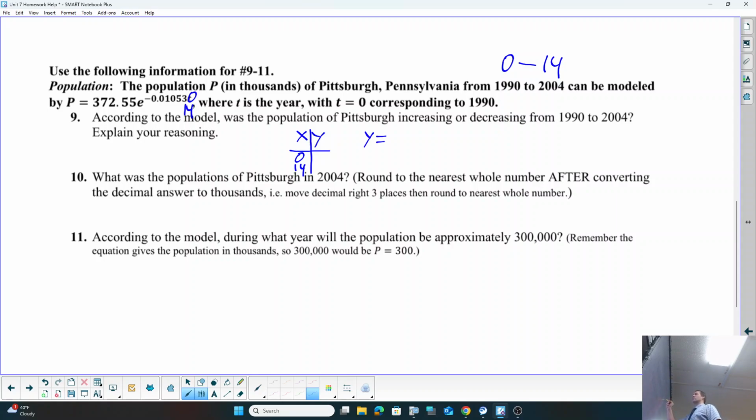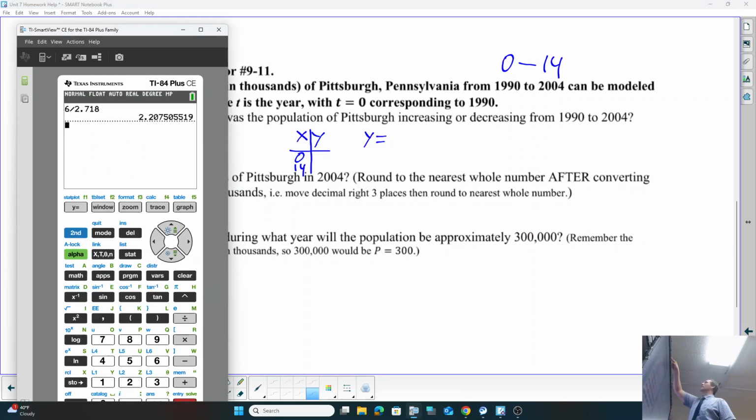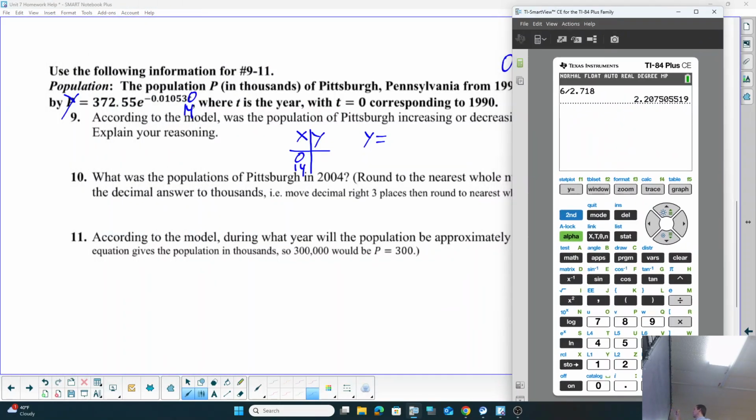So y equals, I guess you could call it x and p. Yeah, it's fine. So we'll just call this y instead of p. So we're going to plug it into the equation now. So get out your calculator. A lot of these problems are very kind of calculator-based-ish. Okay, so we have a 372.55 over, so that's e to the negative 0.01053. Is that right?